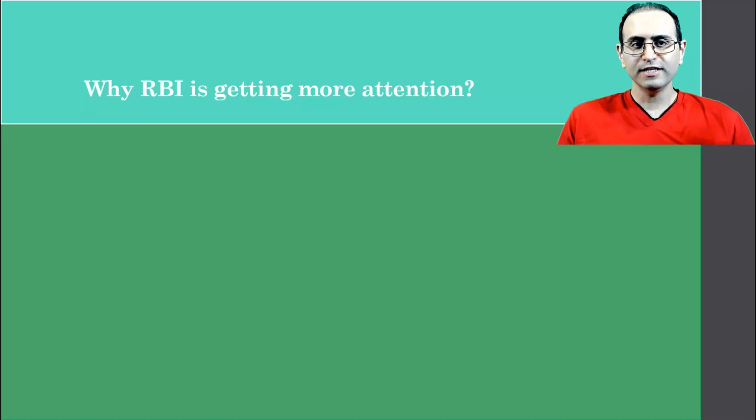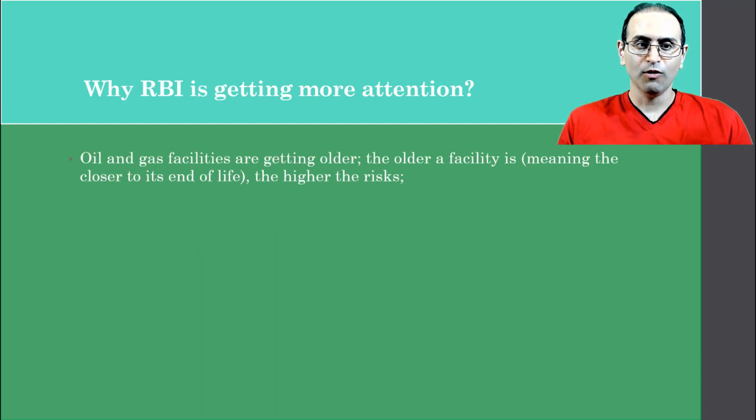So why these days is RBI getting more attention than before? It wasn't like that 5 or 6 years ago. Now it's getting more attention every year, and this is the reason. Oil and gas facilities are getting older. The older a facility is, meaning the closer to its end of life, the higher the risks, because the damage mechanisms have affected every piece of equipment in the facility.